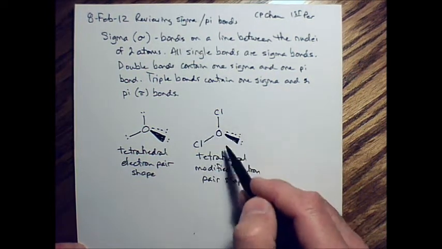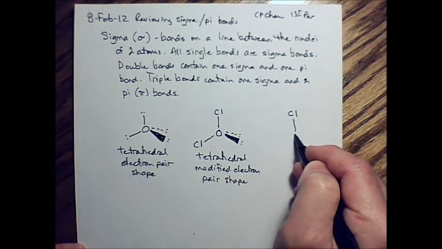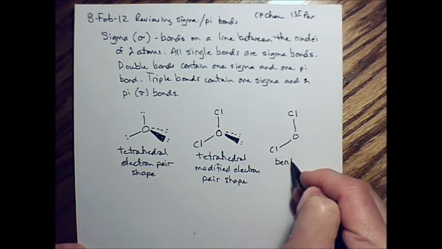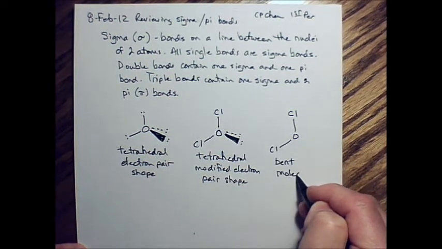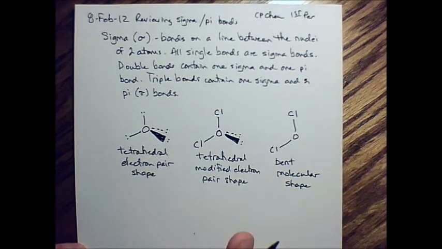Now, this drawing and the molecular shape that follows that, where we erase the electron pairs, this is a bent molecular shape. Okay, this doesn't show single or double bonds or triple bonds for that matter. It only shows the direction. To understand the shape of those pi and sigma bonds, we have to go back to the balloon models we did and the drawings we made from those.